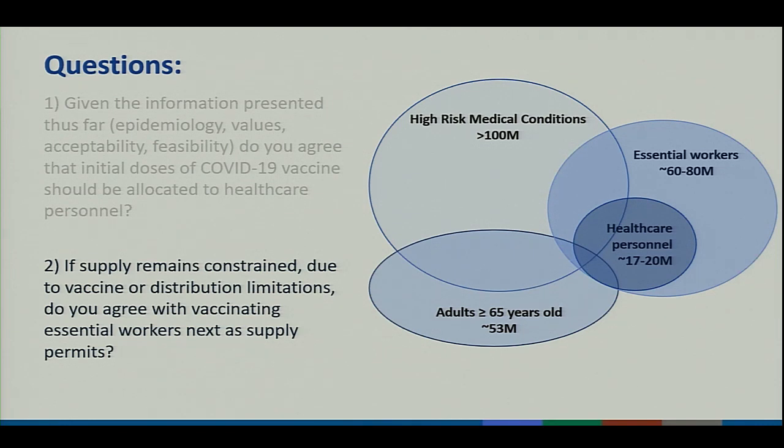So I think it's absolutely critical that we continue to think about the essential workers for many reasons. Many are of lower socioeconomic status, many have high-risk conditions, and they are unable to work from home. So I think that's the key. As vaccine becomes available in huge quantities, then we can talk about the people who have the luxury of staying at home.